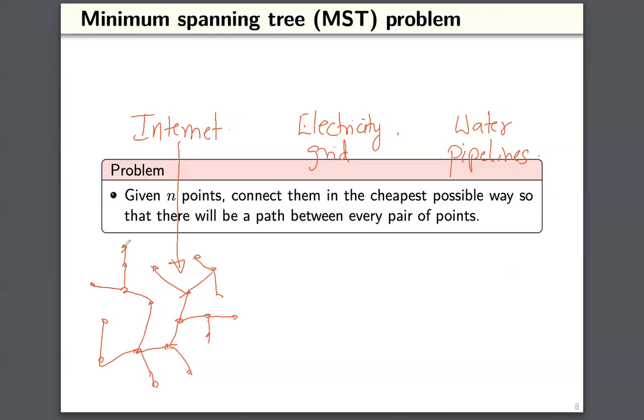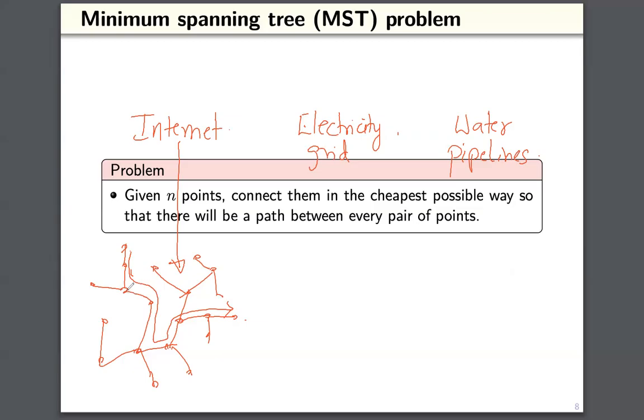That means any computer can talk to any other computer. So there is a path, right? Suppose this wants to talk to this one. This is the path. Right? So for the entire internet, we can have an MST, minimum spanning tree, such that packets or messages can get transferred from one computer to another computer.